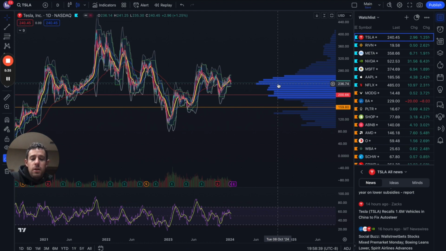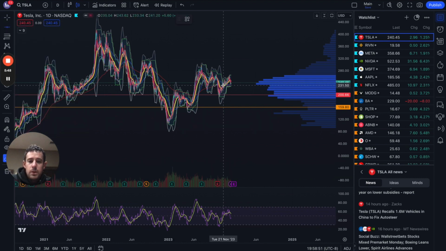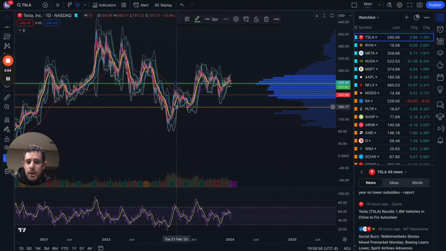So most of the people that own this stock are right around this area, 237. As you can see, when you make a horizontal line, there's a lot of movement in this area, like a bounce right here, and a lot of congestion in this area.